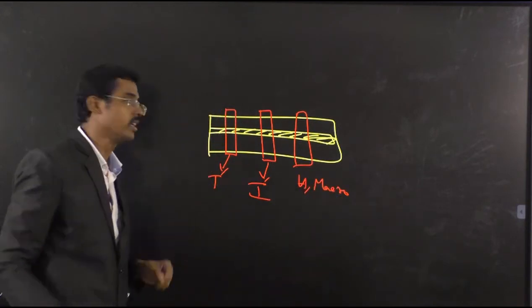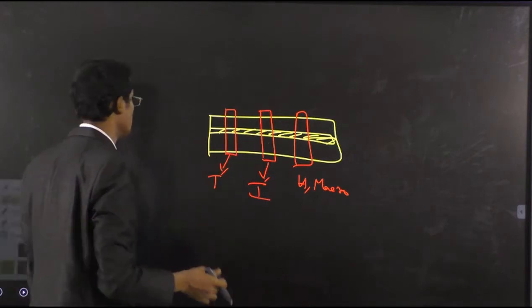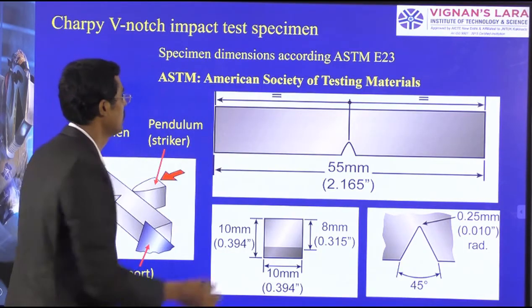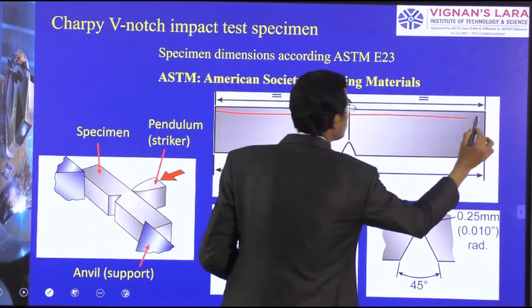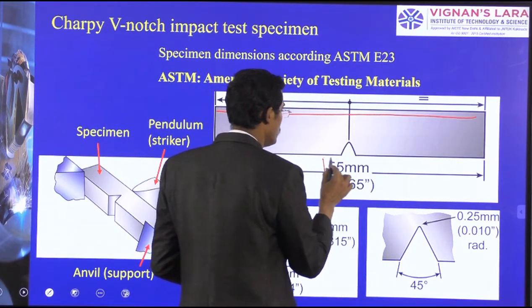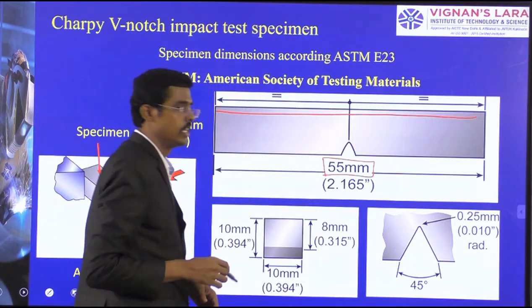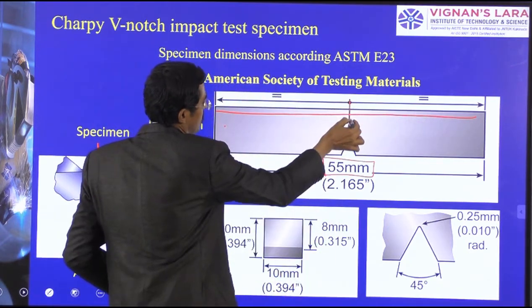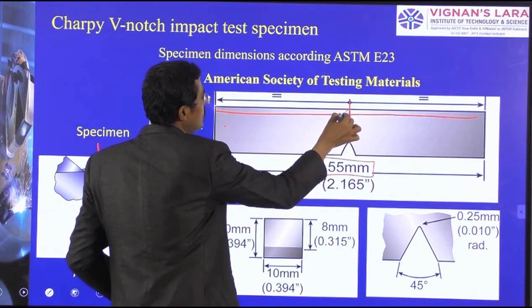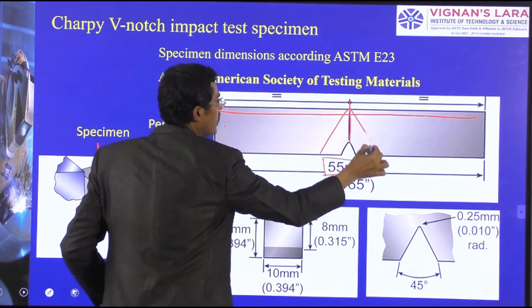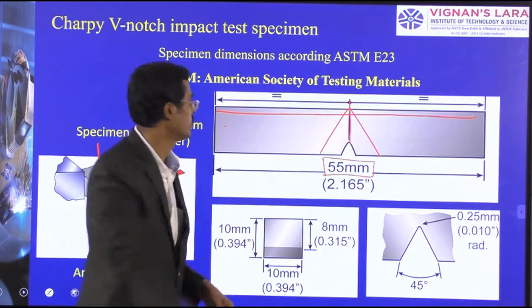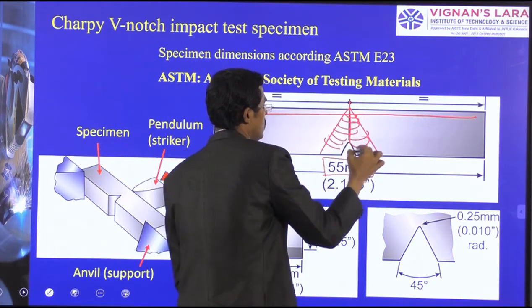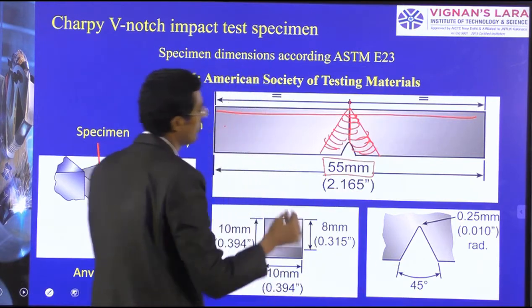Such things can be taken. Now I have taken this part. How much dimension should there be? This dimension is a total length of 55 mm, this side and that side together, with the weld at the center. Here we should have the weld. Here it is welded. So likewise we have done.